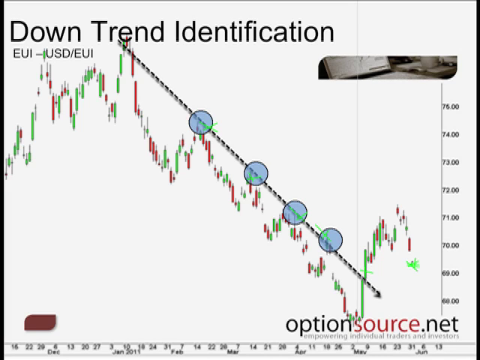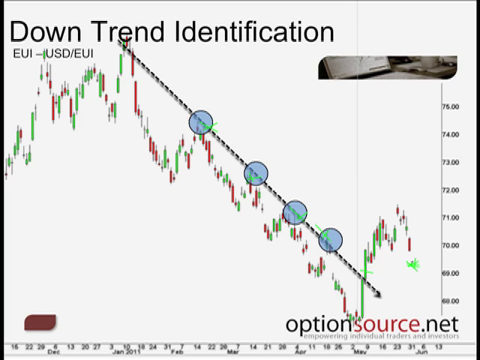So in other words, if we could buy puts on that U.S. dollar, we could look to capitalize on those puts by just watching how it's respecting the downtrend. And then ultimately, when we see a break of that trend, we know that there is a change in direction, and that it may very well be an appropriate time to lock in our profits.